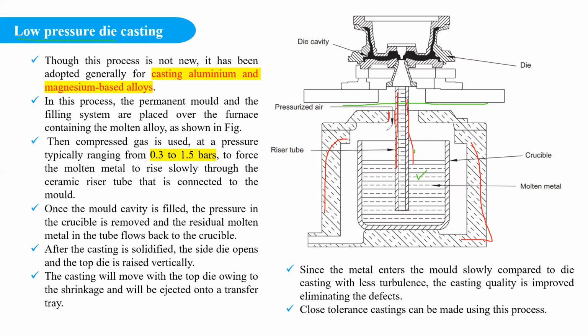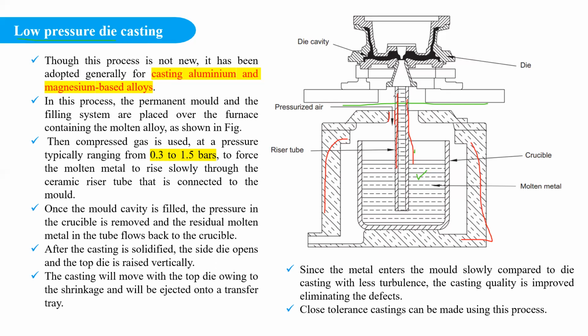At the initial stage, the pressure inside the furnace and inside the mold cavity is the same. Now the pressurized air is sent into the furnace. The pressure inside the furnace is higher than the pressure inside the mold cavity, so there is a pressure gradient. We all know that if there is a pressure difference, the liquid will flow from the high pressure region to the low pressure region. That's what is happening in the low pressure die casting process.